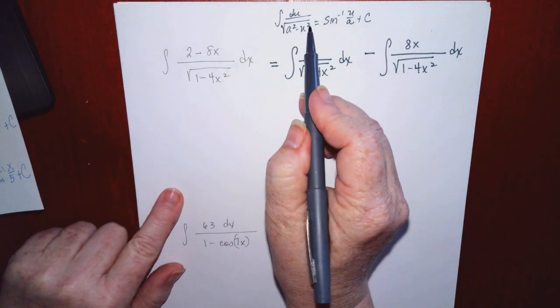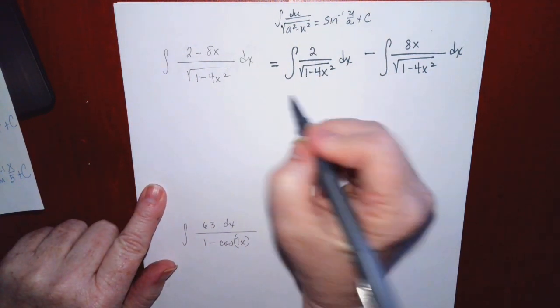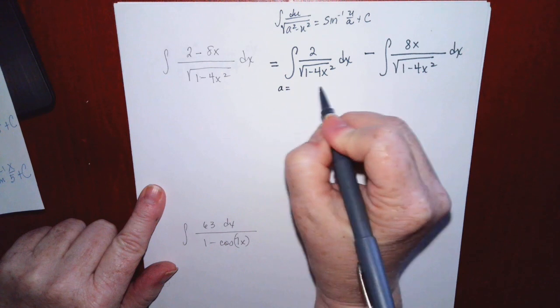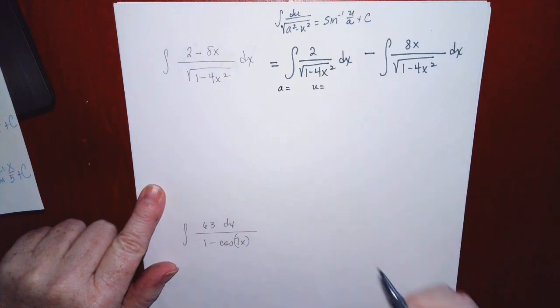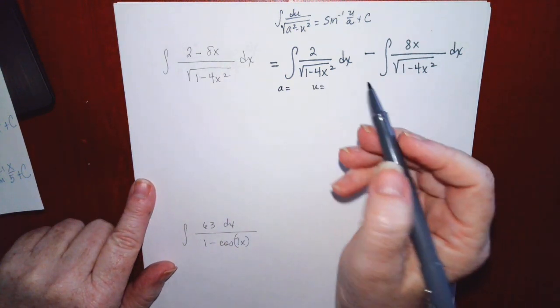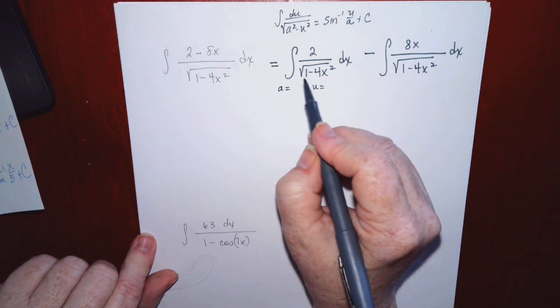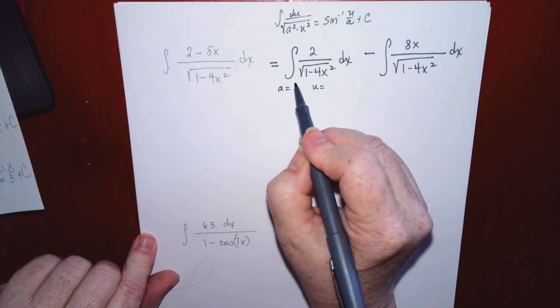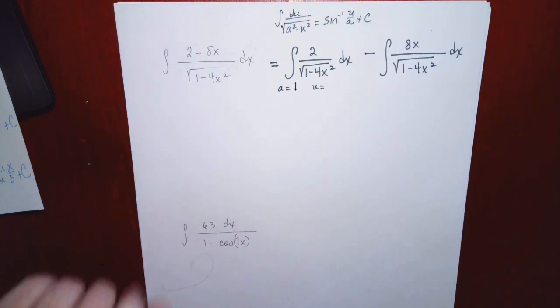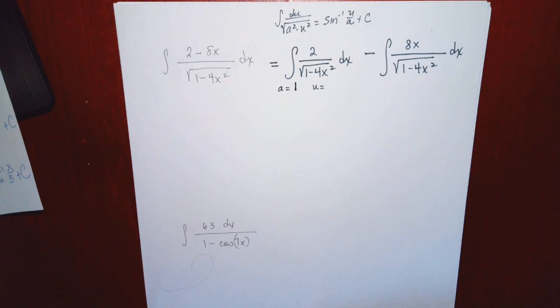So if I'm trying to do the arcsine formula here, I need to identify what's my a and what's my u. A will just be the square root of this constant, and we're going to go with the positive square root always, just for ease, our normally accepted square root there.